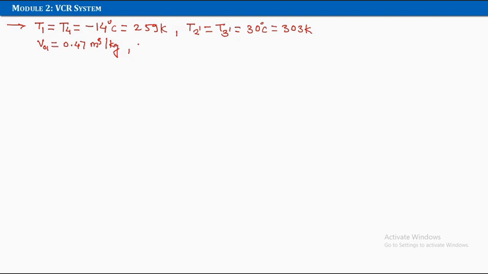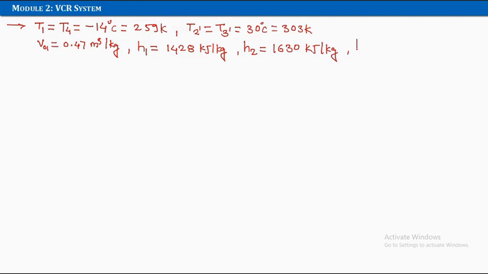Next, enthalpy corresponding to point 1. We got that as 1428 kilojoule per kg. H2, enthalpy corresponding to point 2, comes out to be equal to 1630 kilojoule per kg.